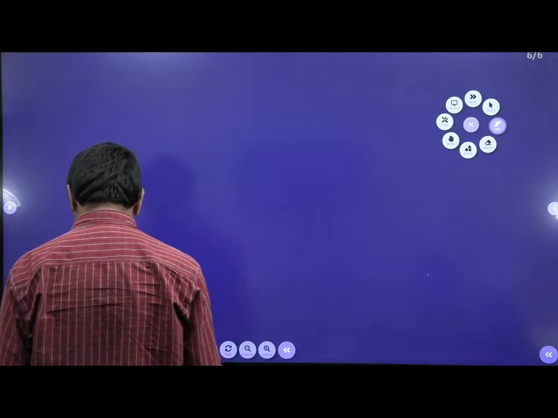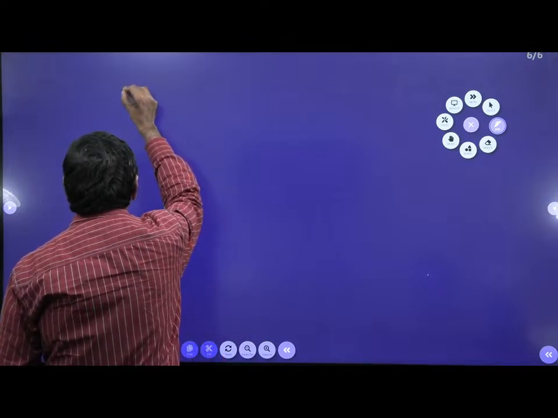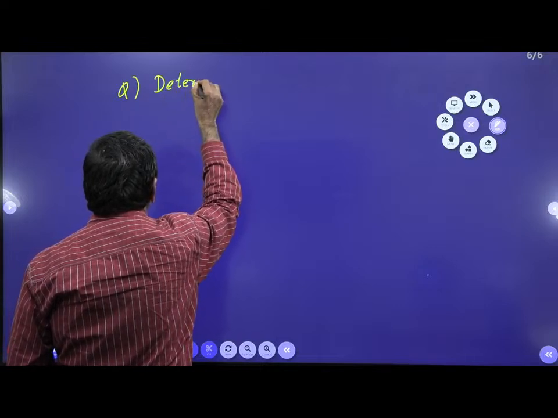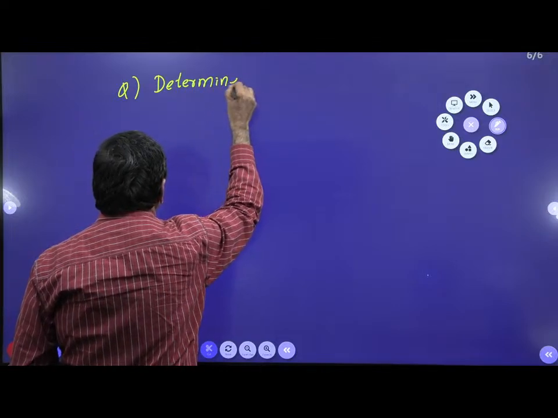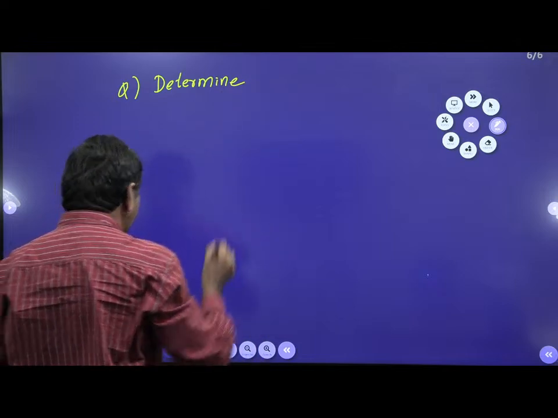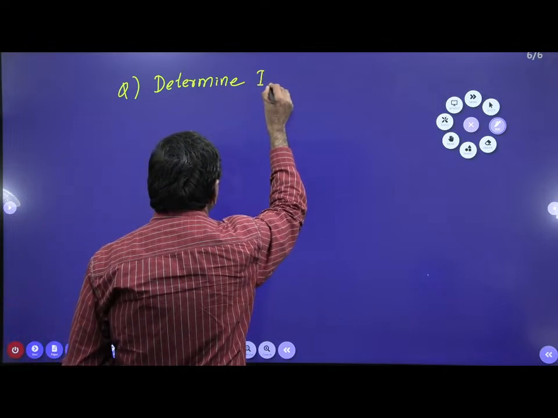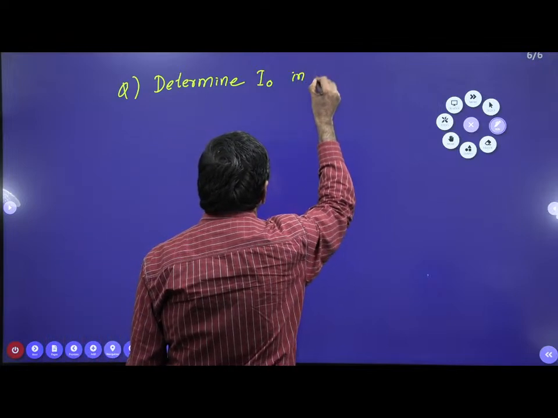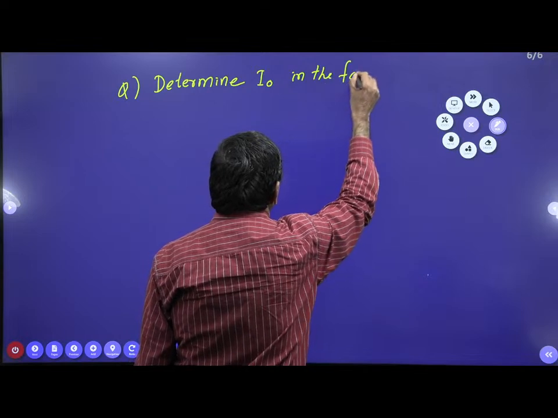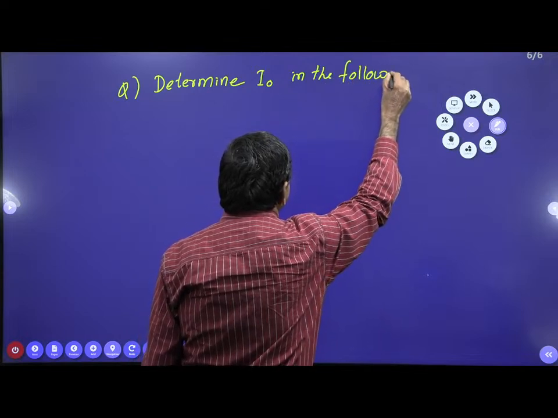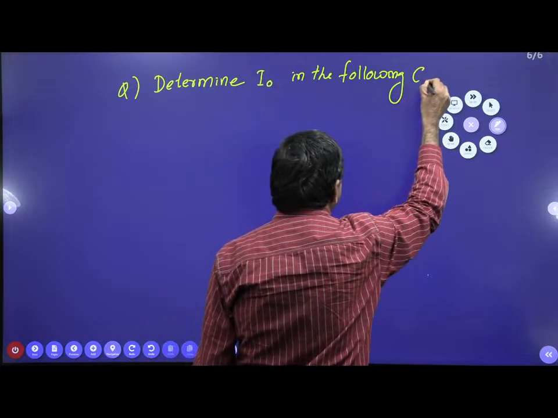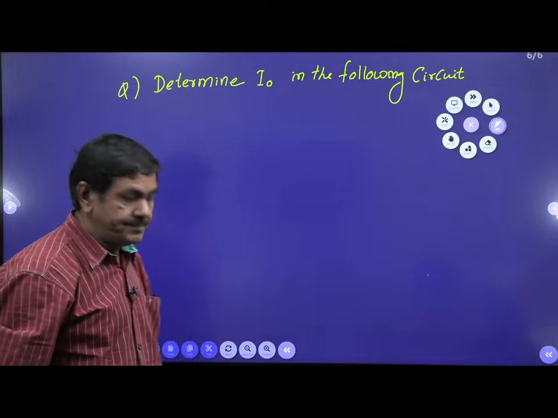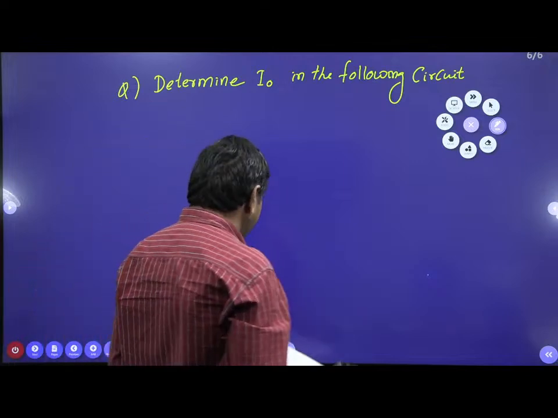The first question I want to give: determine I naught in the following circuit. I want the I naught value. The network is given like this.